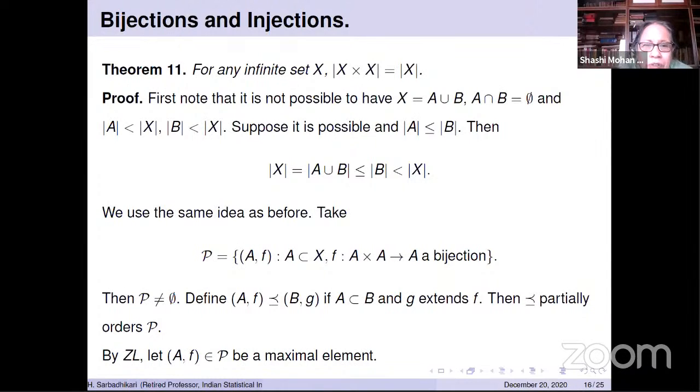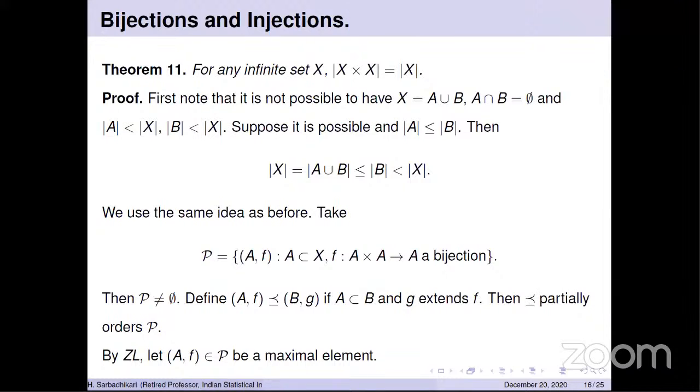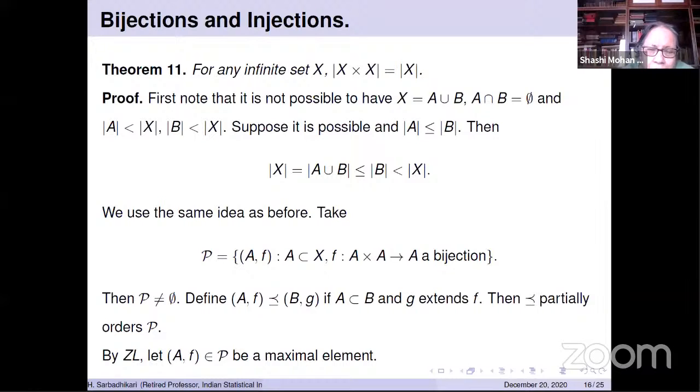So we look at all pairs AF where A is a subset of X and F is a bijection from A cross A to A, and I take infinite A's just to make things simple. I define a partial order on this set.